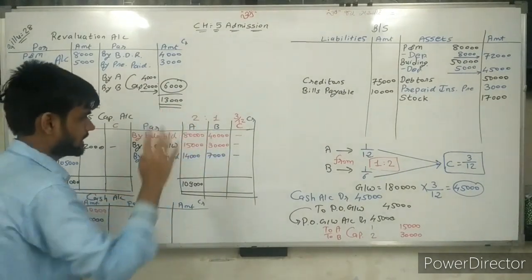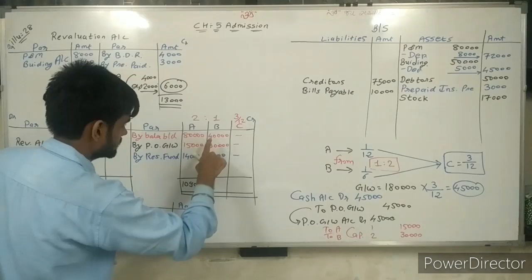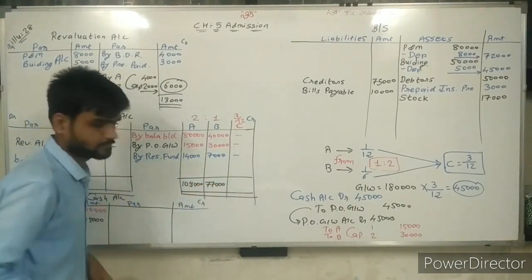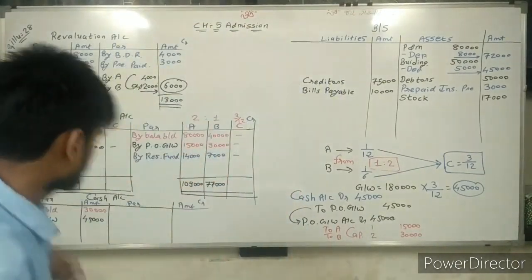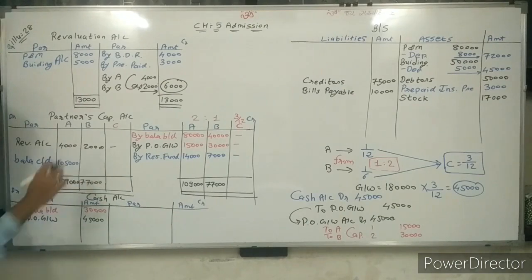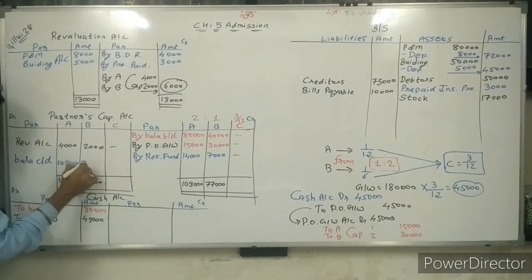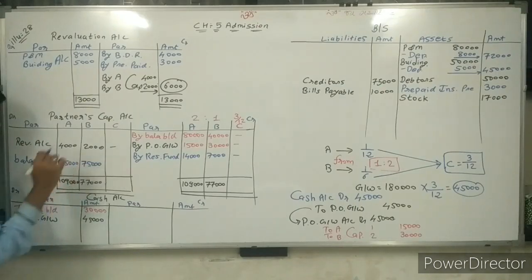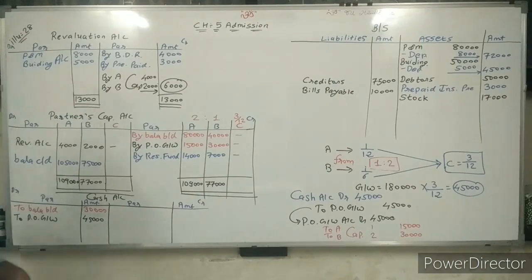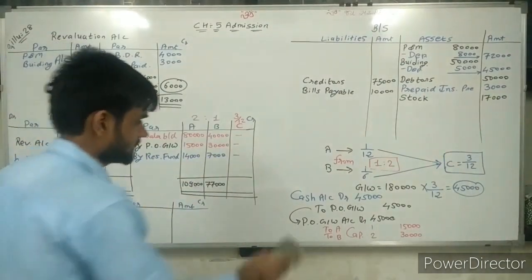Same way we are closing B's account also. 77,000. Here also 77,000. Deducting 2,000, 75,000 is my balance.